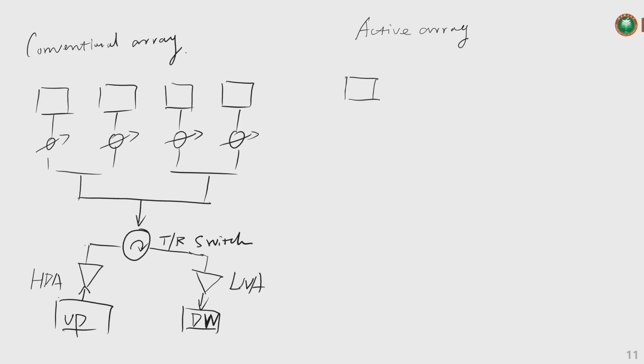We have 4 elements, and each element is fed by a dedicated transmit receiver module. In the conventional case, all of them share the same transmit receiver module.